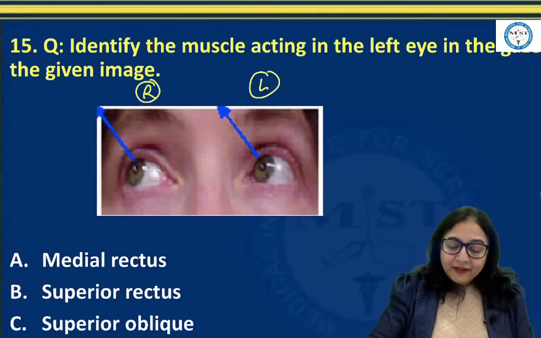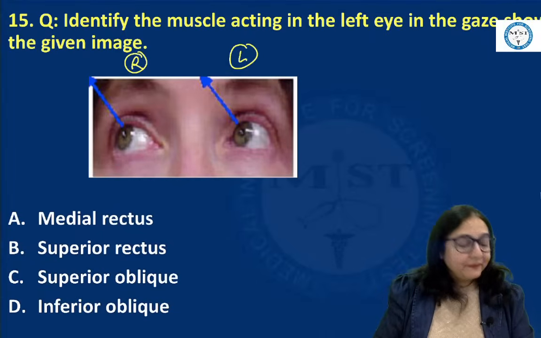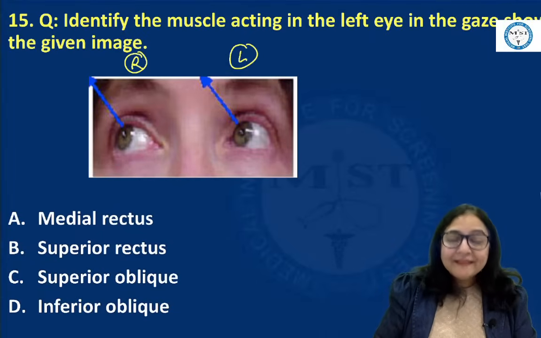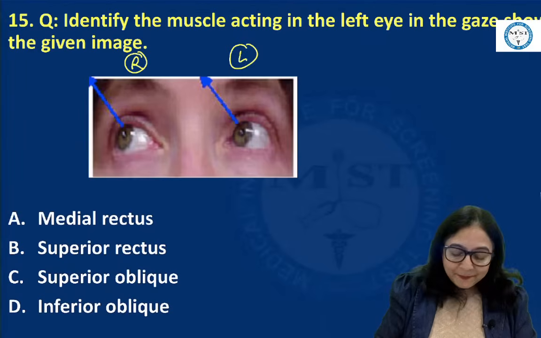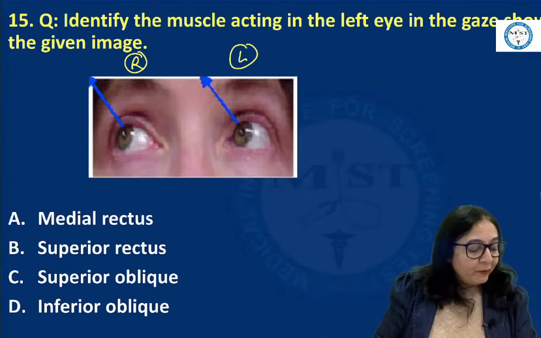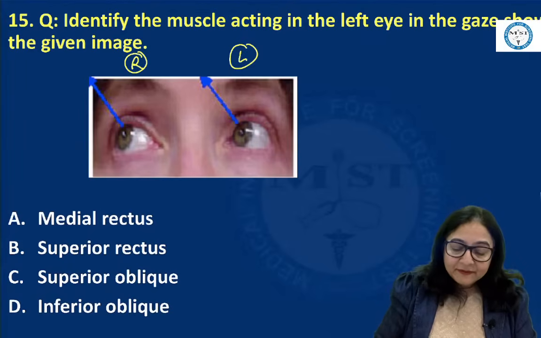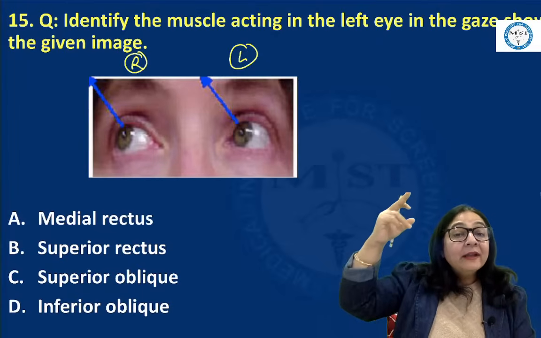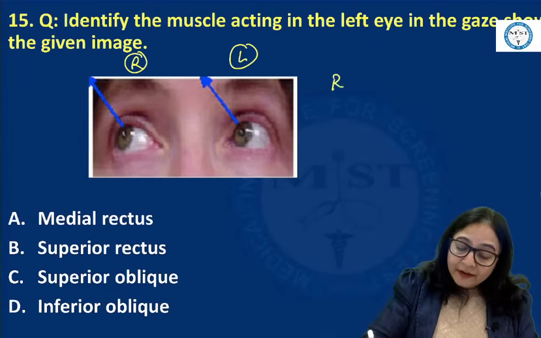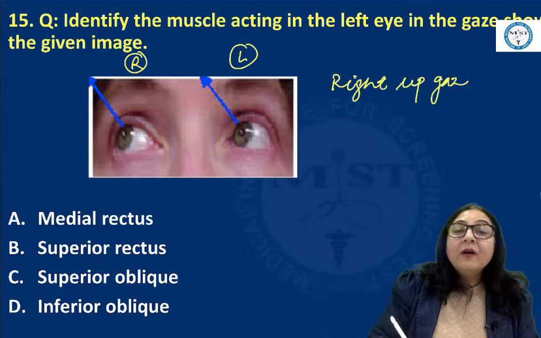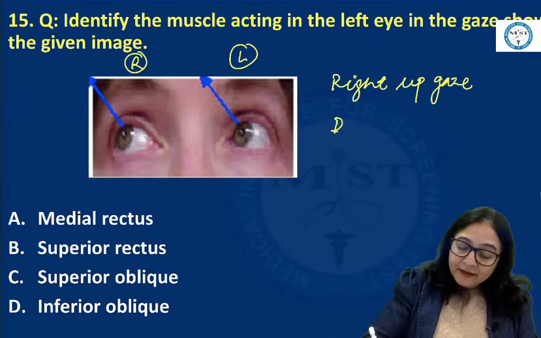Which gaze is this? The patient is looking on the right side and up. So it is right and up gaze, or what we call dextroelevation.